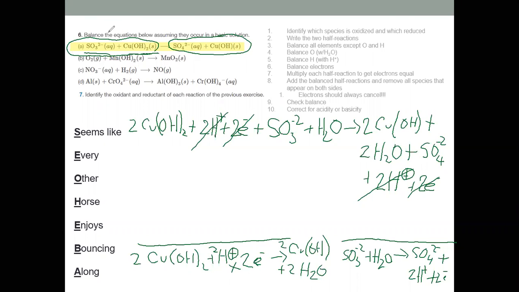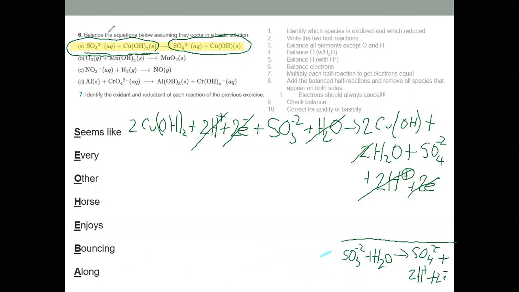So let's eliminate that one, and we'll make that one 1. Okay? So far so good. Now let's rewrite this, and see if we're right.